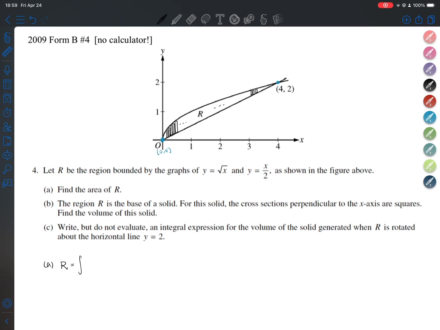So it is the integral from the two x coordinates, so from x equals 0 to x equals 4. So R equals the integral from 0 to 4.